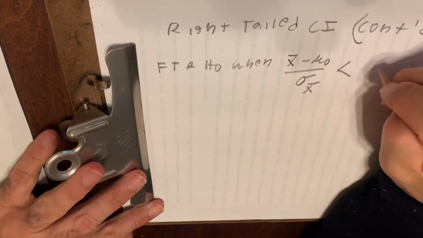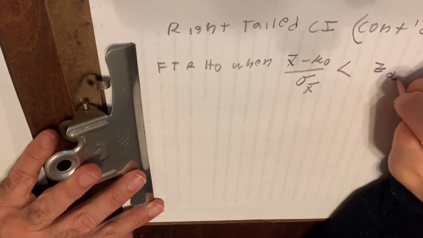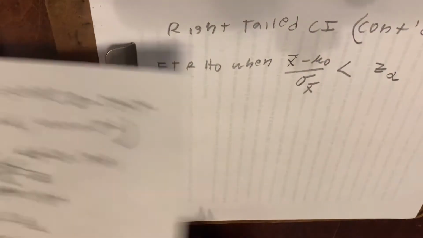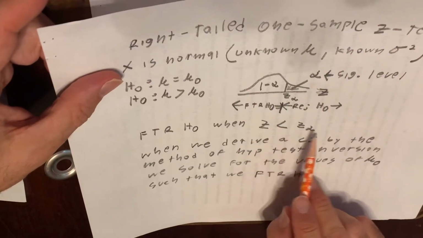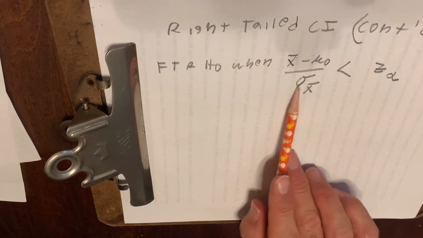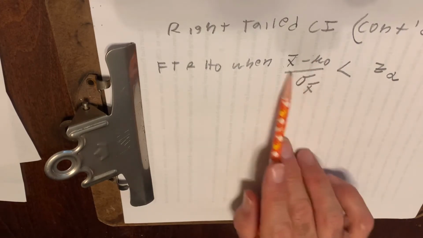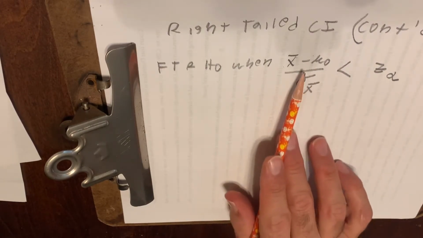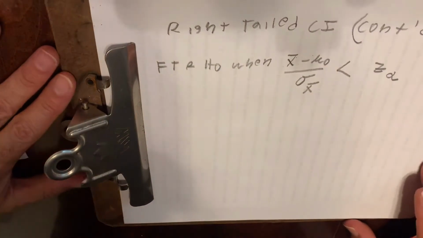Here we write z is less than z sub alpha, but we know that z is x bar minus mu naught over sigma sub x bar. This is sometimes called the standardization theorem.